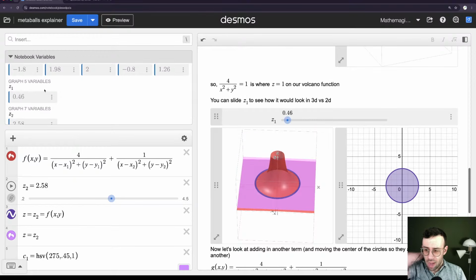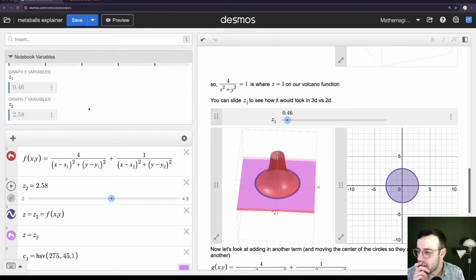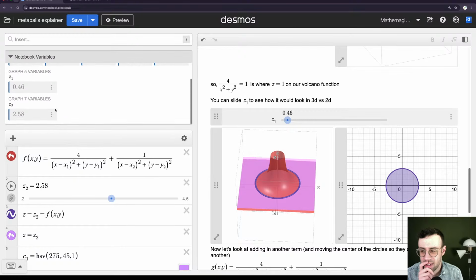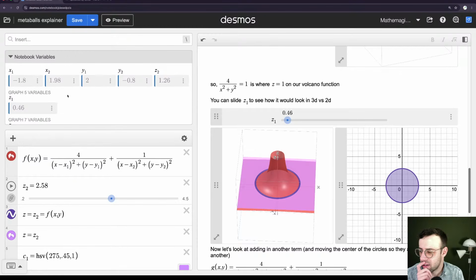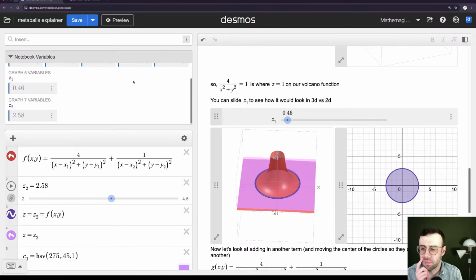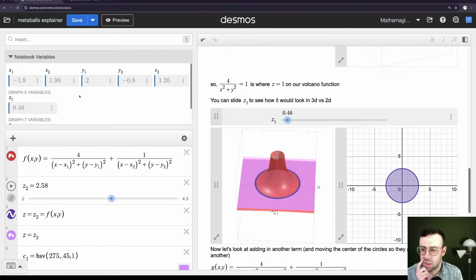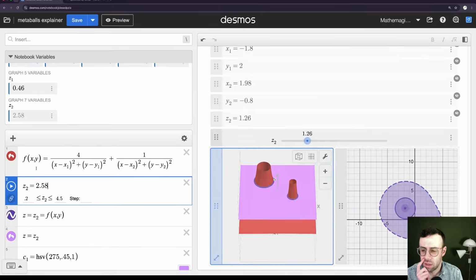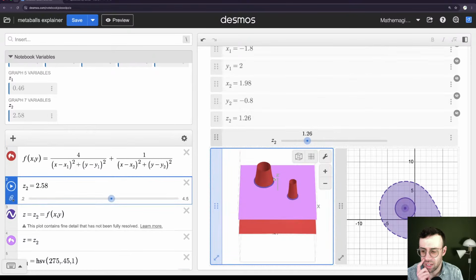Like it's a graph 5 variable. Yeah. Something's weird. Maybe if I unlink it here.